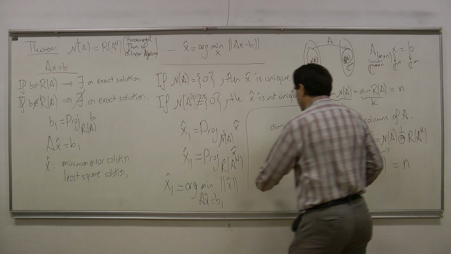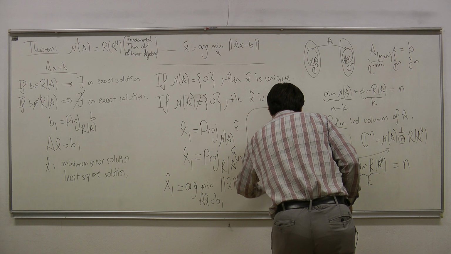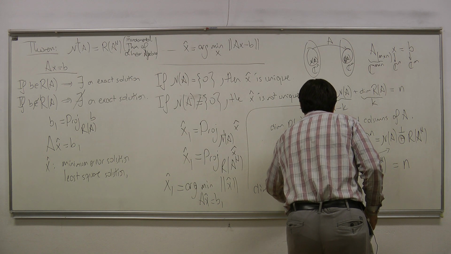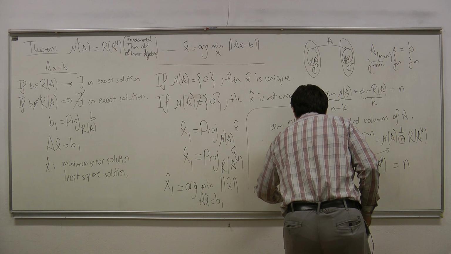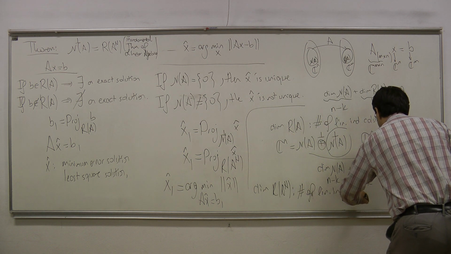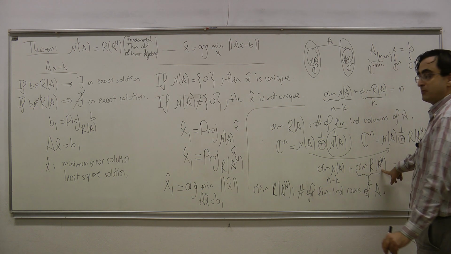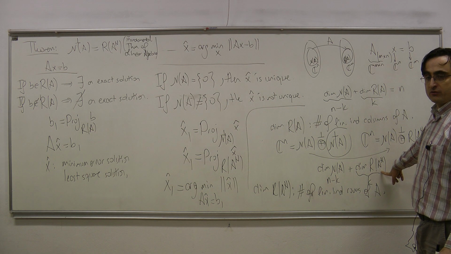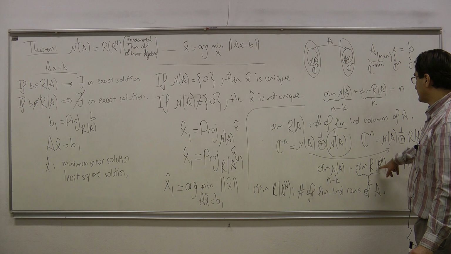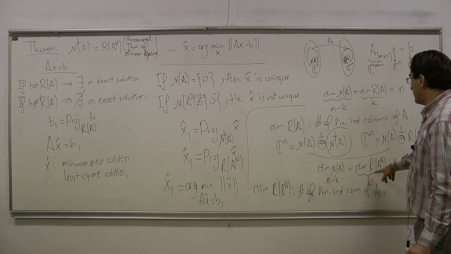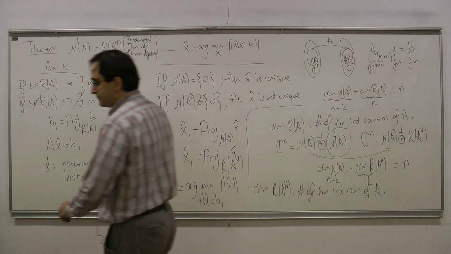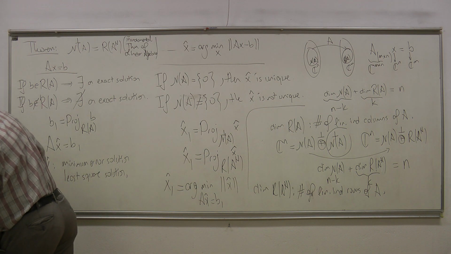So here I can say that the dimension of range space of A Hermitian is the number of linearly independent rows of A. Okay? Because this is my row space. Range space of A Hermitian is our row space. It's the column space of A Hermitian, but A Hermitian's columns are the rows of A. That is why range space of A Hermitian is the rows of A. Okay? Is the space of rows of A.